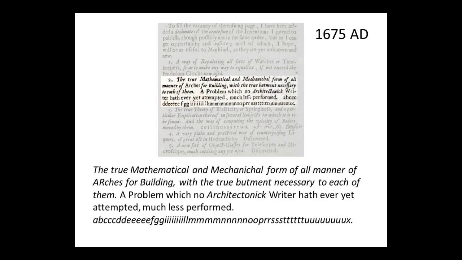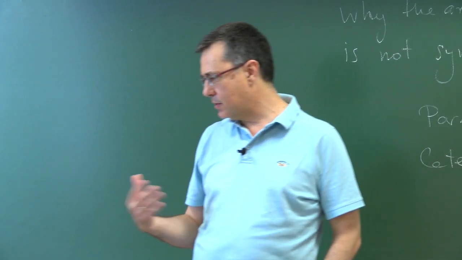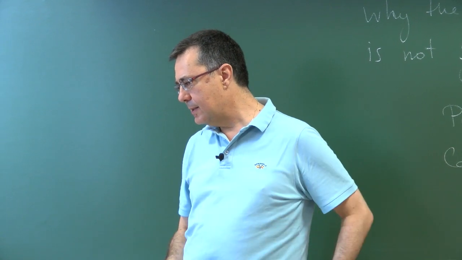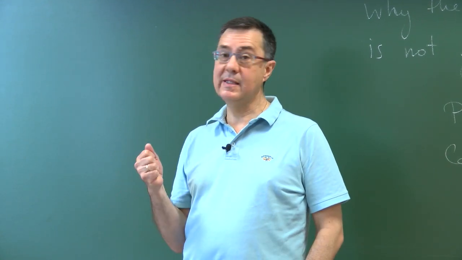And then the solution is A, B, C, C, C. So he wrote the answer but encrypted. Why? Because somehow he had to pay his bills, and he was making money with this in his designs. He was an engineer, he was an architect, and so he kept the secret.